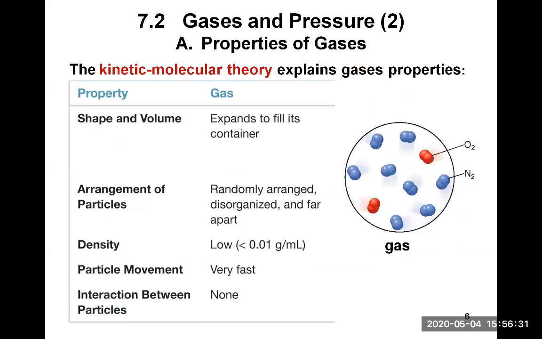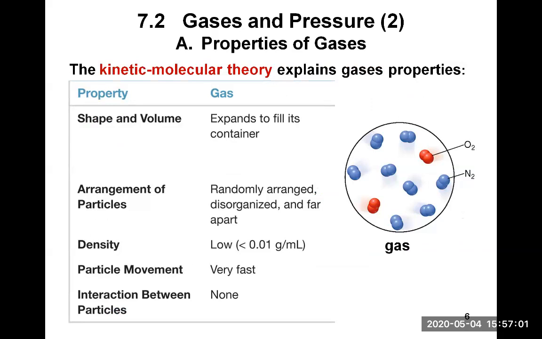This kinetic molecular theory explains the gas's properties very well, and that's why it's still holding as the true model for gases. The theory explains the properties of shape and volume, the fact that you can expand the volume, and that gases will fill the container they are in because they fly until they hit a wall.